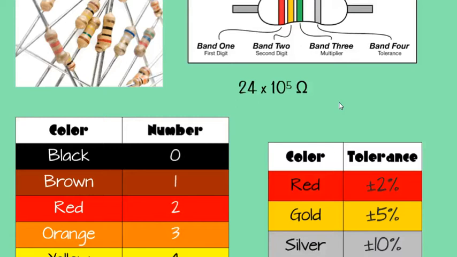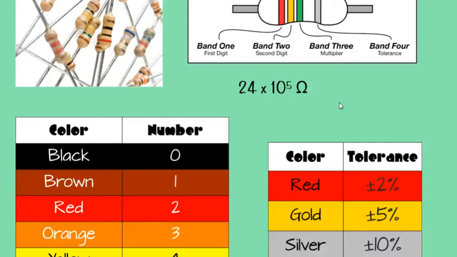In other words, it's very difficult to create these resistors with exactly 24 times 10 to the 5th ohms. Therefore, when they're creating these resistors, they put something on it called a tolerance. The tolerance helps us calculate the acceptable range of my resistance.